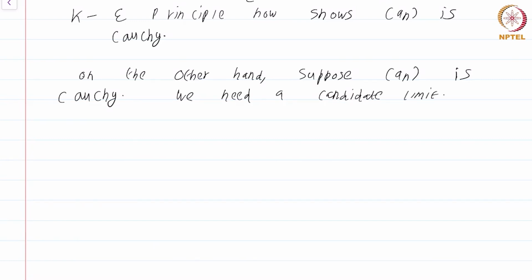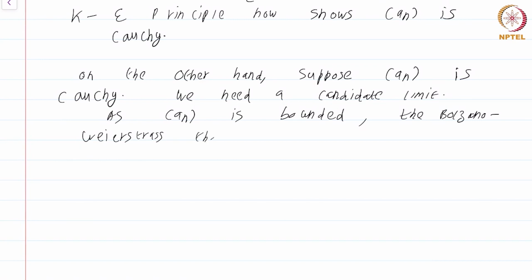As a_n is bounded, that's what we just established in the previous proposition, the Bolzano-Weierstrass theorem says some subsequence, say a_{n_k}, converges to some limit a.